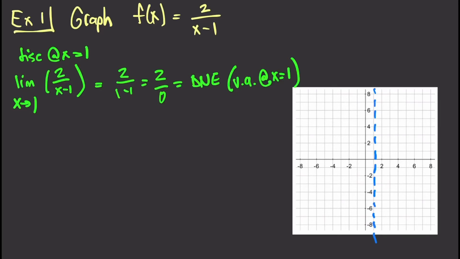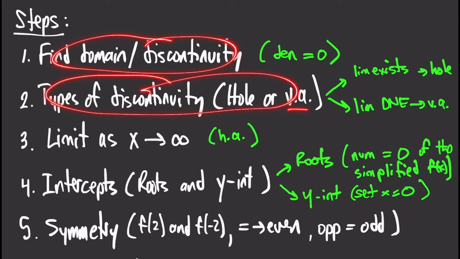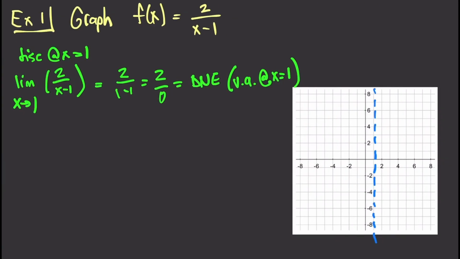Okay, so now what do I do? Well, let's go back here. Found, did this, took the limit there, got my vertical asymptote. Now I take the limit as x approaches infinity of this expression.